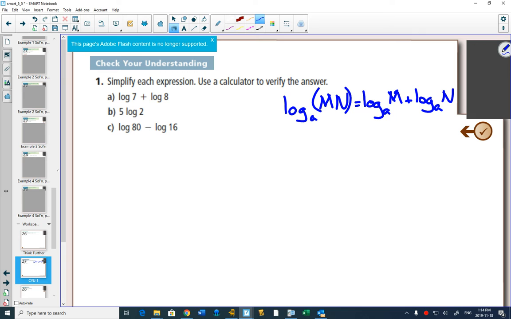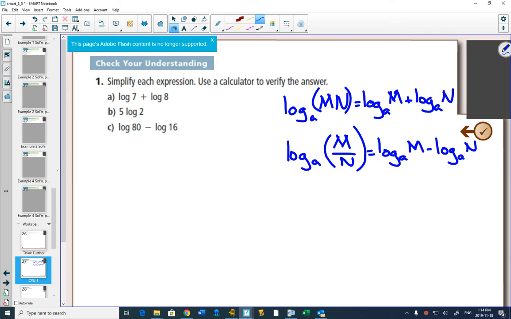This is the one where if you're multiplying inside of a logarithm, that's like adding two separate logarithms with the same base. Then if you're dividing inside the logarithm, that's like subtracting two logarithms with the same base.